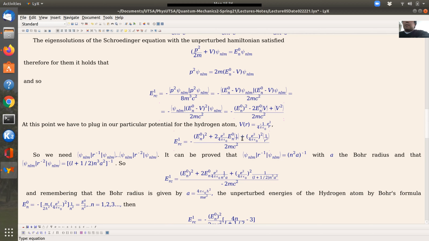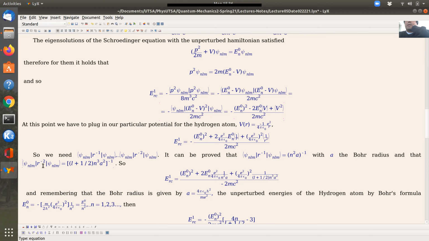And so if we do that, we basically need to know the average values of 1 over r and 1 over r squared over the wave functions. So, I mean, you can prove that the result of the average of 1 over r is the inverse of n squared a, where a is the Bohr radius.